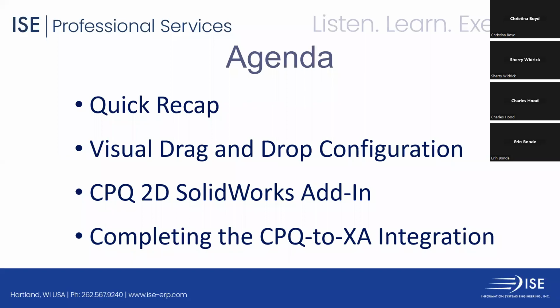So the big theme today is integrating data, migratory data. So I want to talk about data that CPQ can leverage on the incoming side, and then where that data goes after configured line items have been created in an enterprise quote that gets converted to an order, and then that order is pushed down through ION, the intelligent open network, to XA. So that's what we want to talk about today. We want to talk about how to complete the XA integration as well.